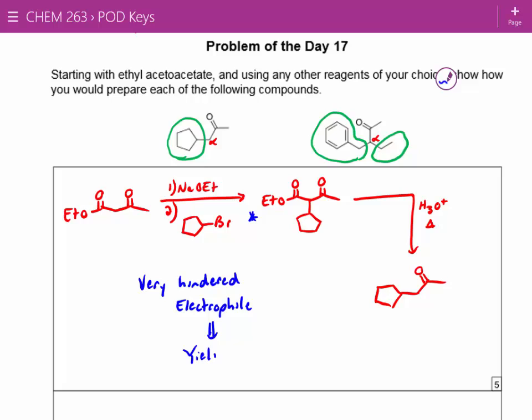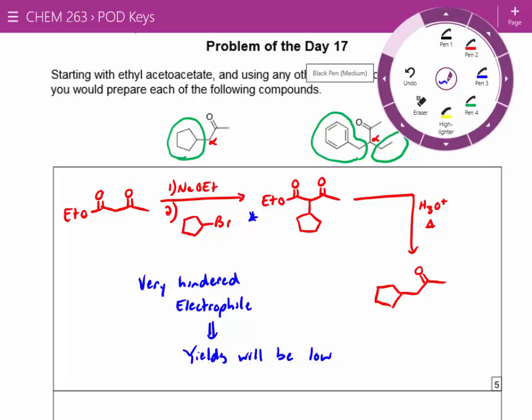So yields will be low. In this case, if we add heat, we're going to favor the elimination, right? Because our enolate is also a base. So our secondary electrophiles aren't preferred. This was actually a mistake in the Klein textbook, but I thought it was a good example of what not to do. Let's go to our next one.